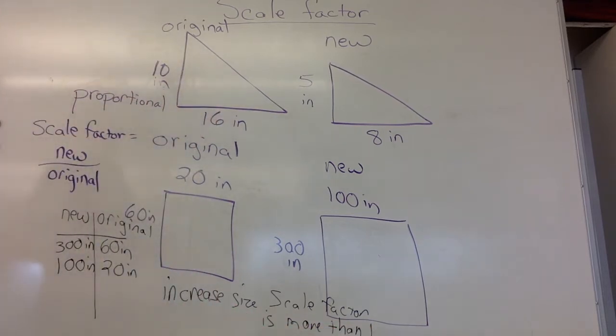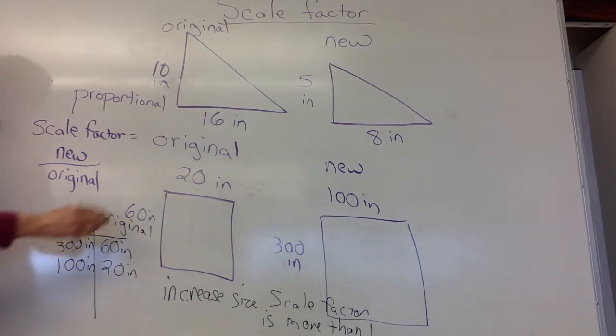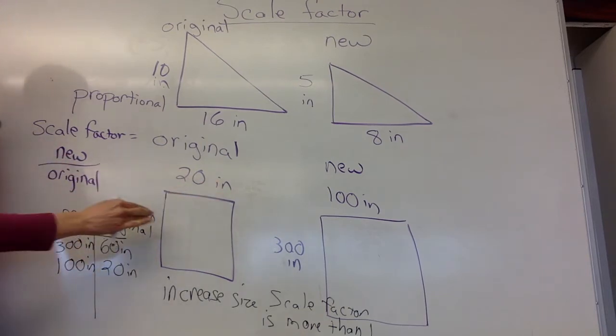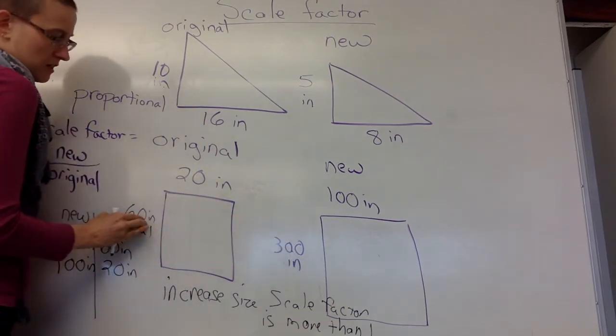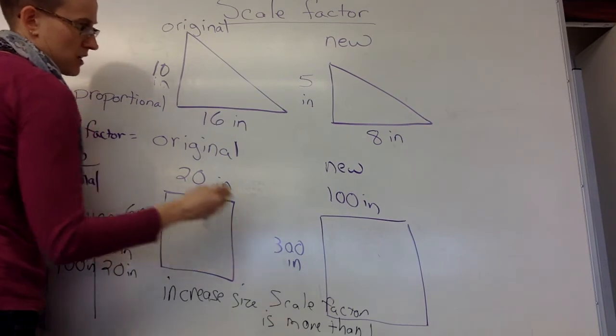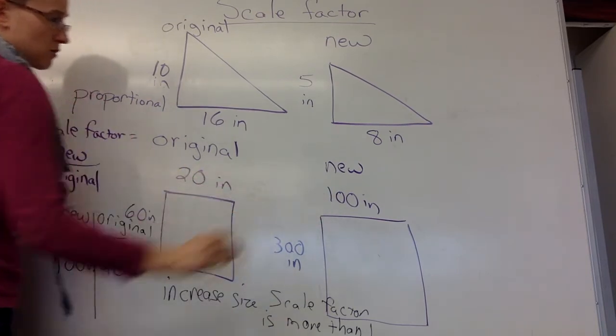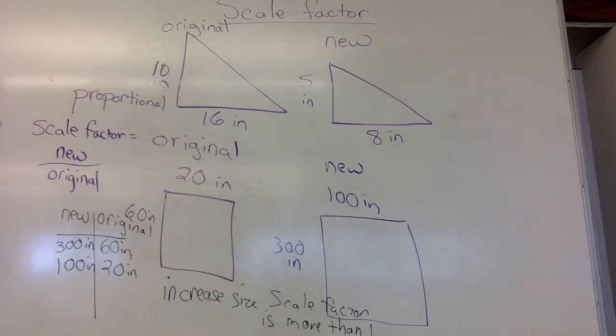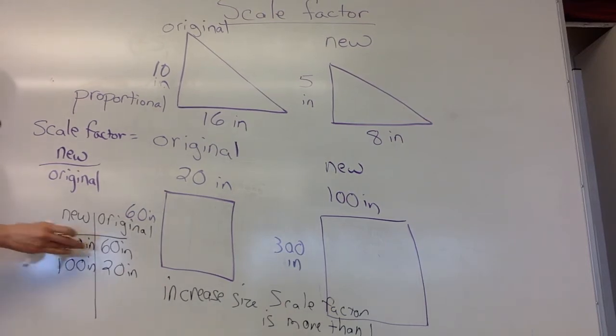Later we'll look at a case where we decrease the size, and the scale factor is less than 1. But let's start here. So if I'm going to find out what the scale factor is, if this is proportional, it should be the same value that we multiply 60 by to get 300, and that we multiply 20 by to get 100. So some of you can probably do that in your head, but what we're going to do is systematically write it out.